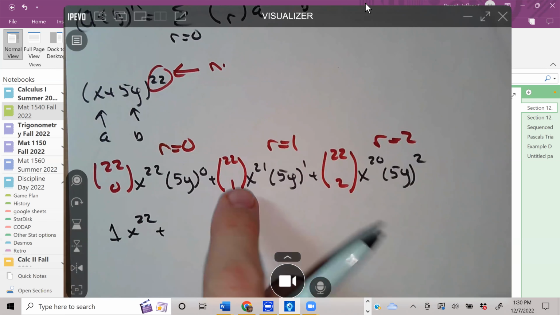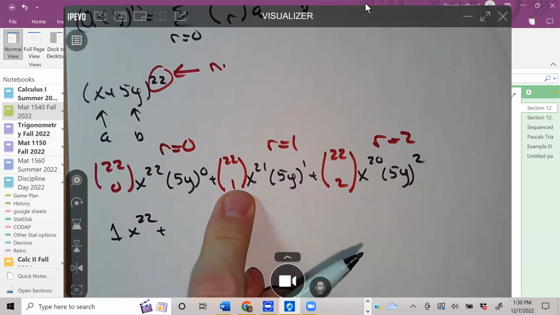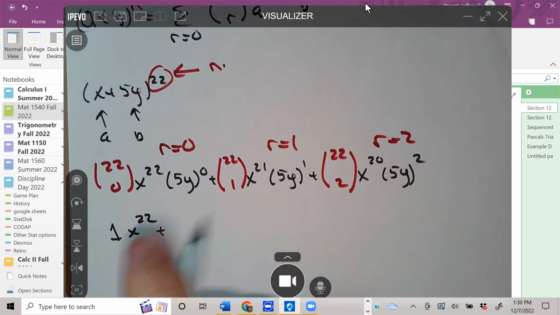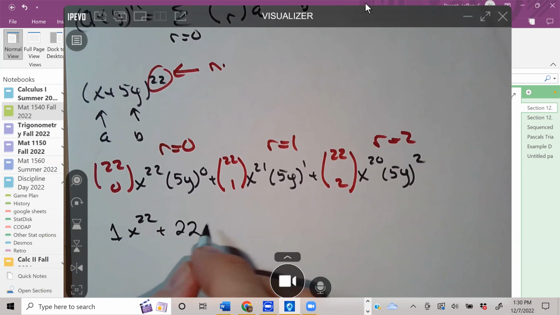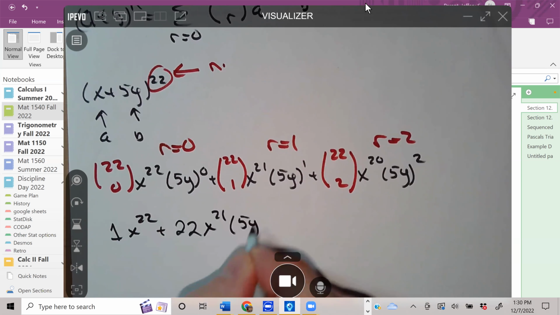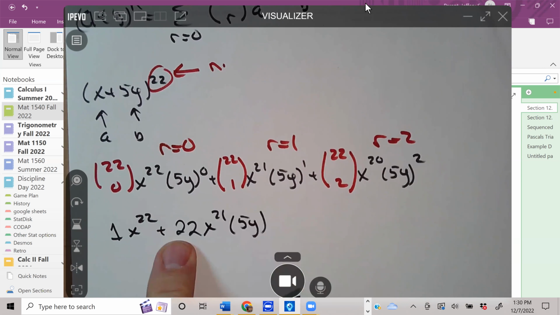How about this one? Can we do this one by thinking? If you're going to choose one object from a group of 22, how many choices do you have? 22. Nice. And it'd be x to the 21st times 5y, and then that's going to be 110.